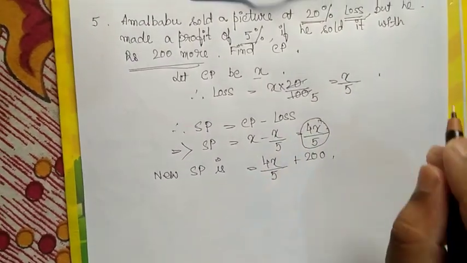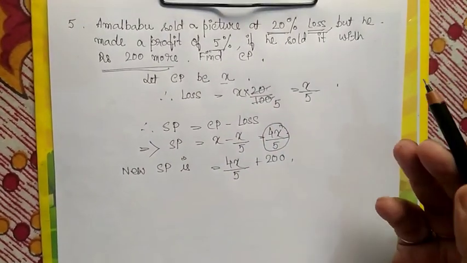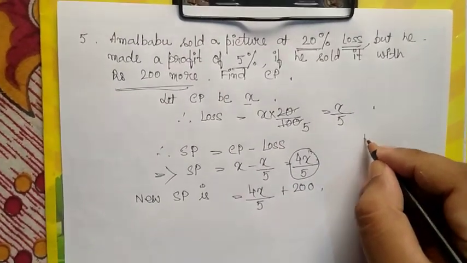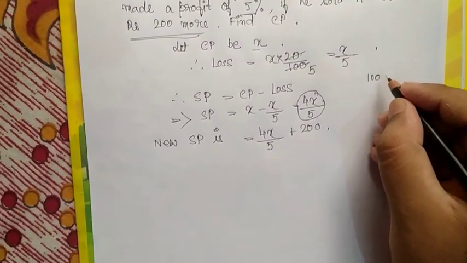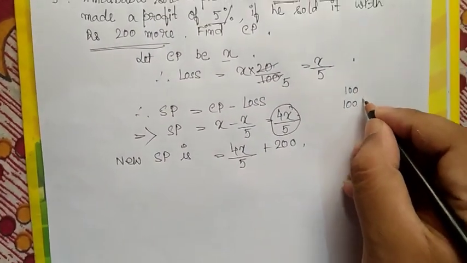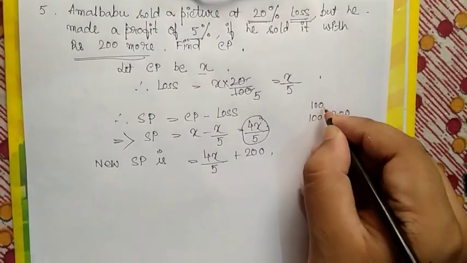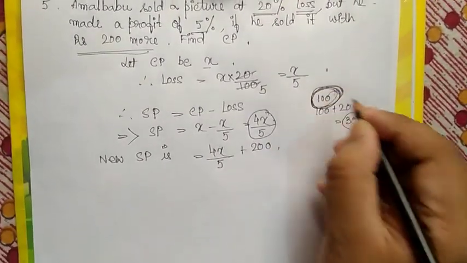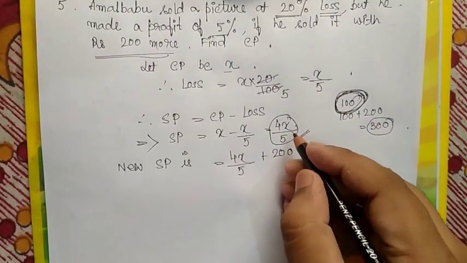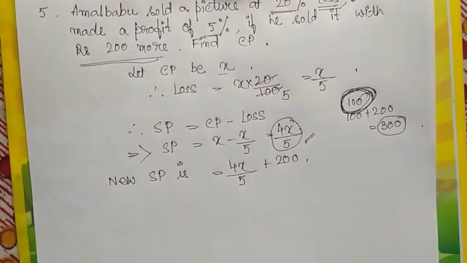It means if the previous selling price is 100, the new SP is 100 plus 200 equals 300. We don't know the previous SP, so related to X, the selling price is 4X by 5. So new SP is 4X by 5 plus 200.